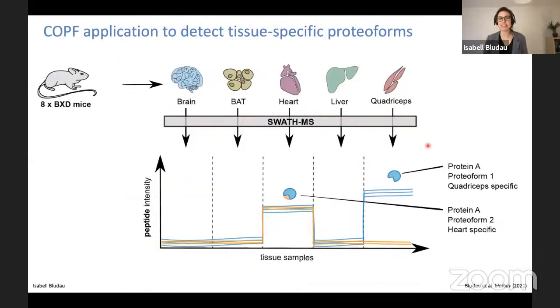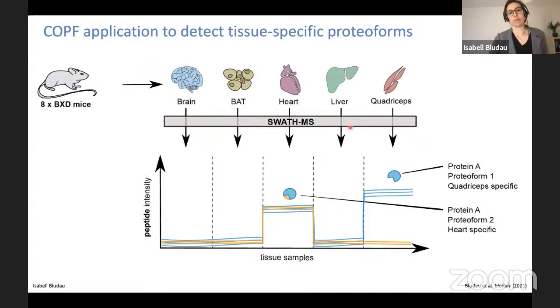I just want to briefly give a quick outlook that COPF is not only applicable to co-fractionation MS data, but it can also be used across different conditions. So we applied it to different tissues of the BXD mouse panel.